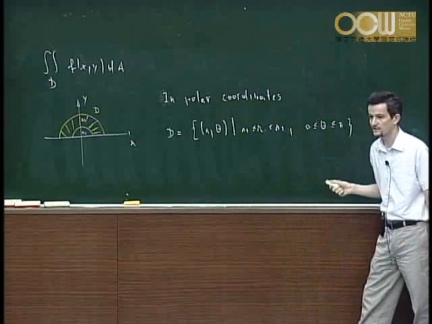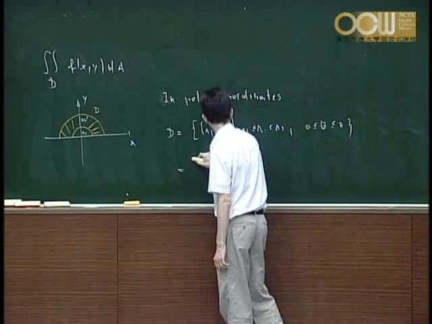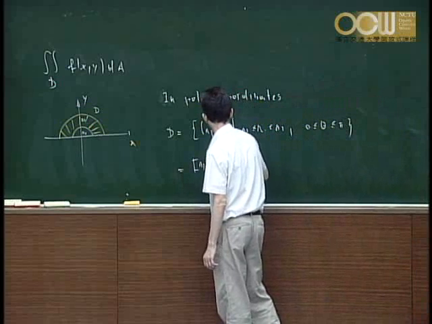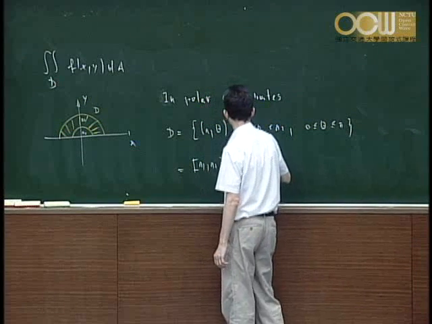So actually it's just a rectangle. In polar coordinates, this is just a rectangle.